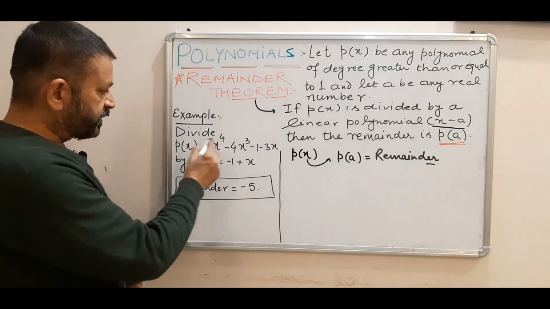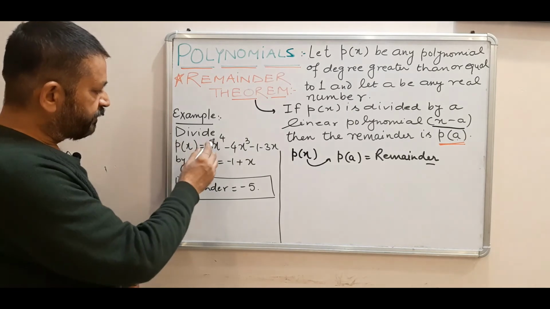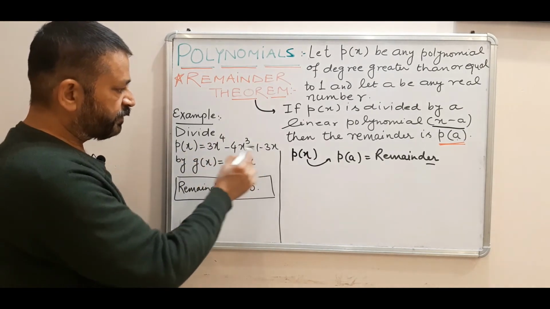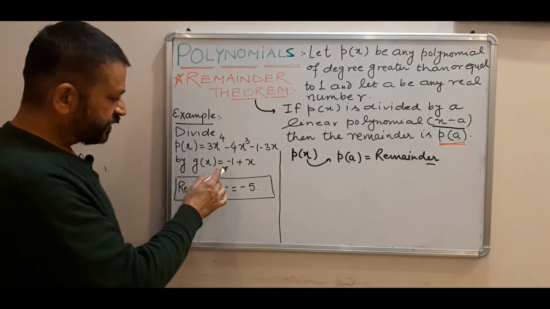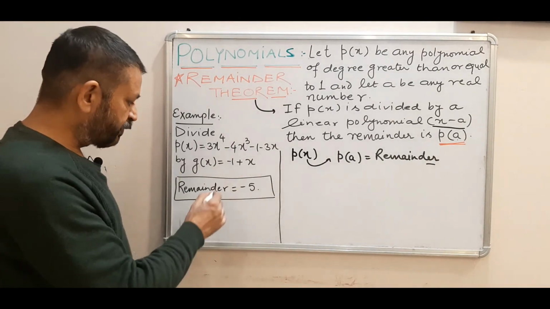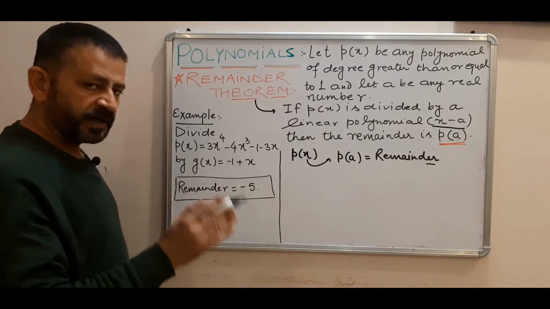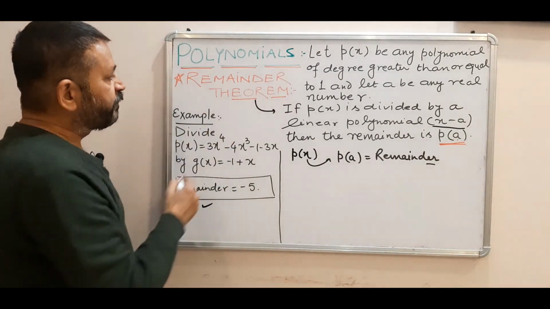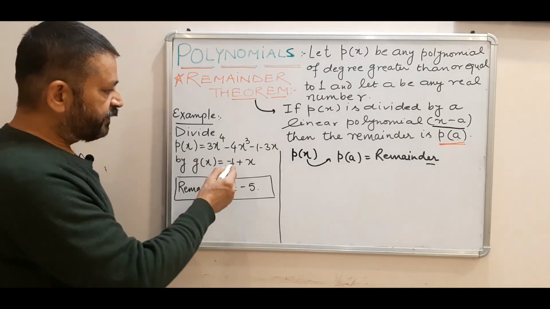So if you look at this example which we have done earlier, that divide Px, 3x to the power 4 minus 4x cube minus 1 minus 3x, by Gx equals x minus 1. In that case, we were getting the remainder as minus 5. Now I'll show you how with the help of the remainder theorem we can directly find the remainder.